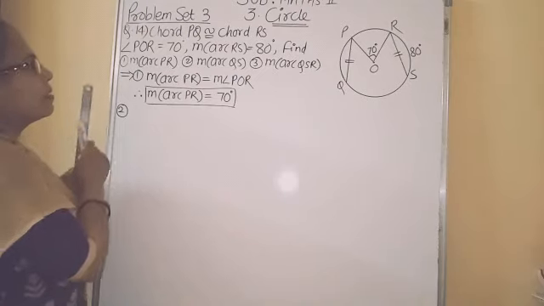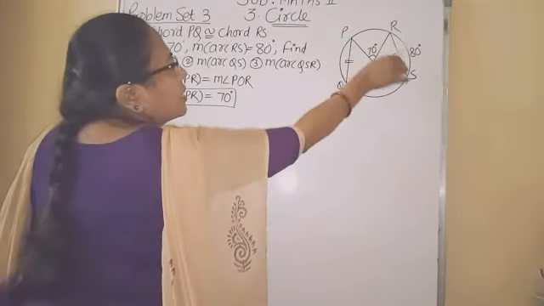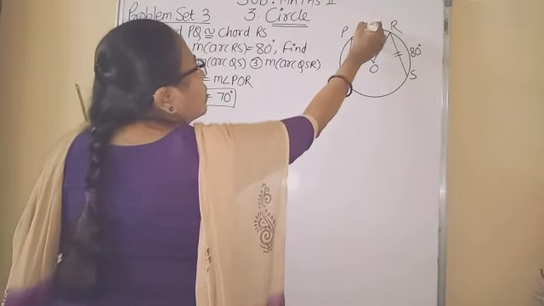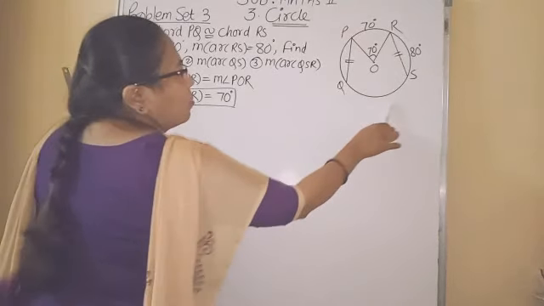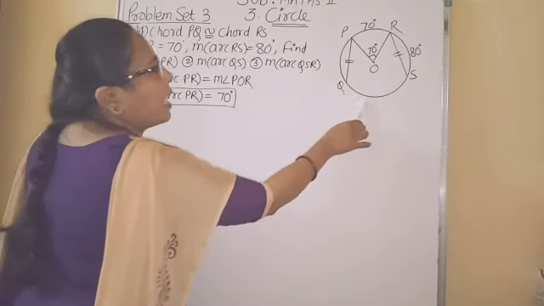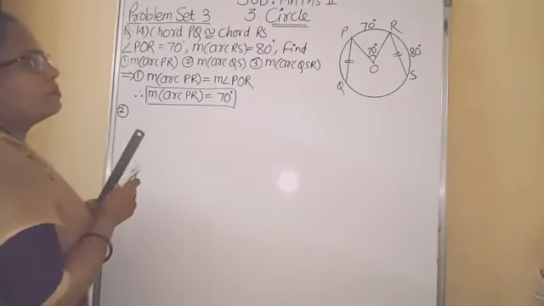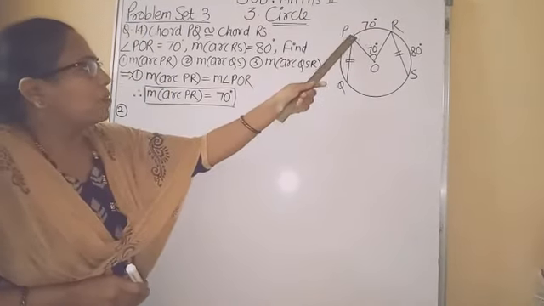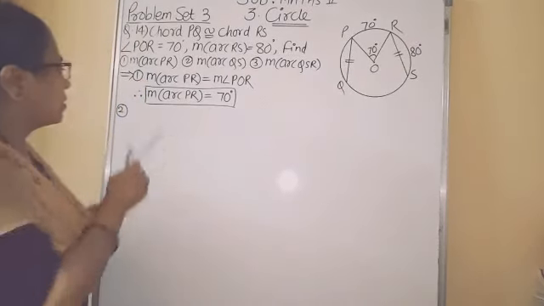Now, second one, arc QS. See here, arc SR is given as 80 degrees, and arc PR we got as 70 degrees. We want to find QS. So, before finding arc QS, we have to find arc PQ. Here, chord PQ is congruent to chord RS, given.